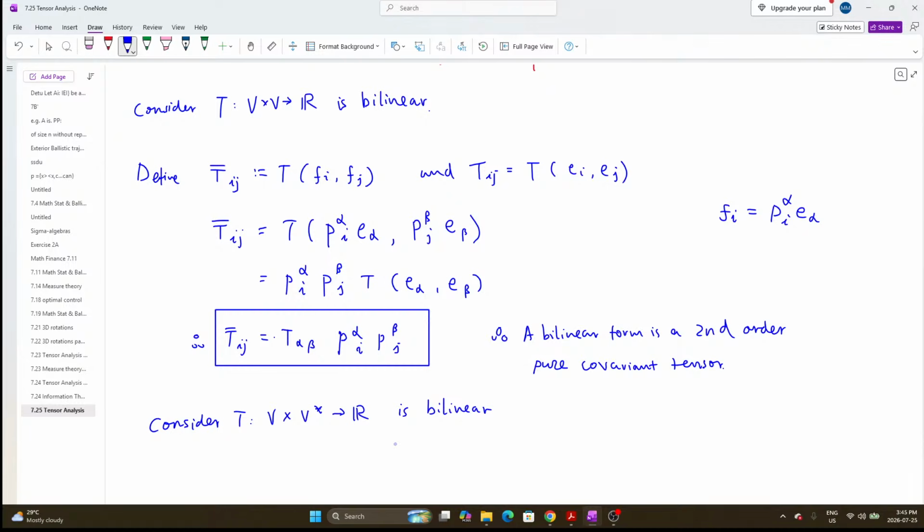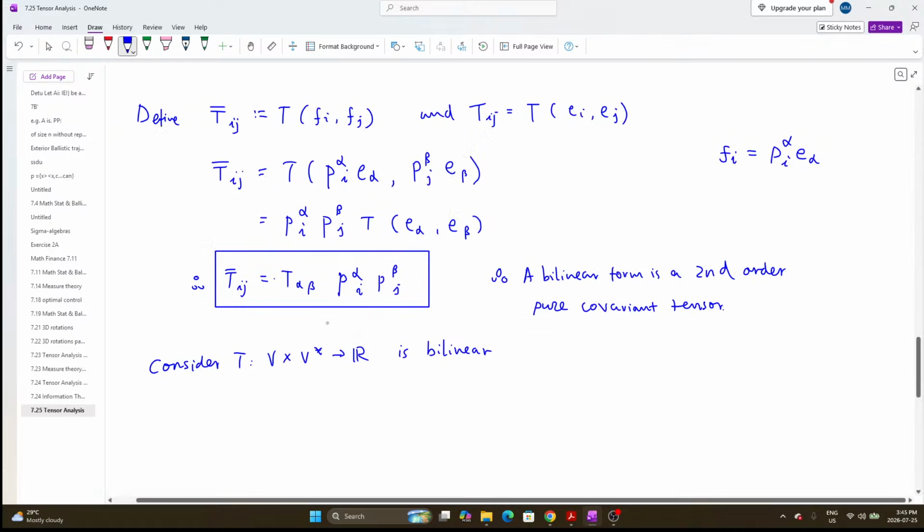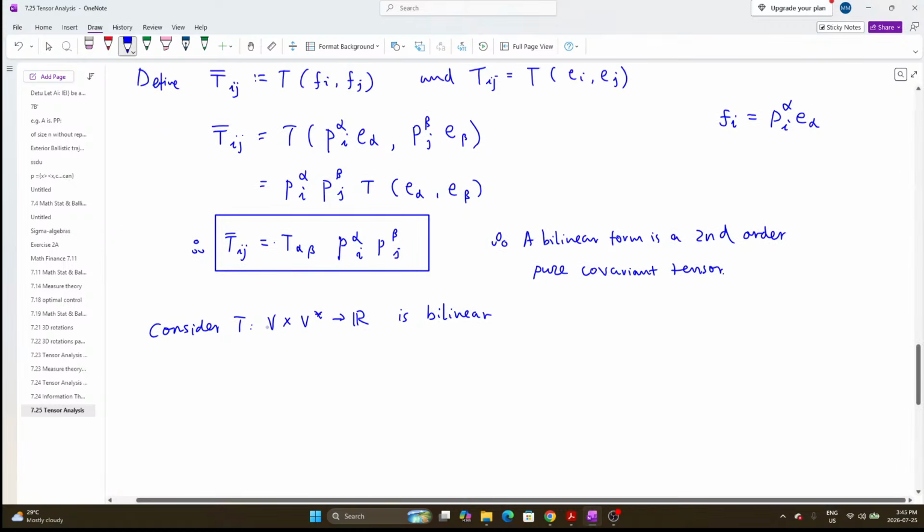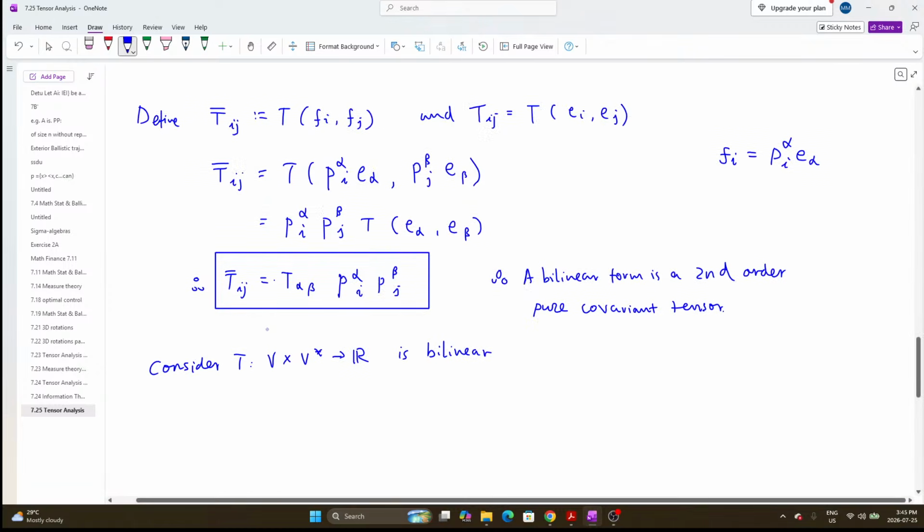So you have the same business. First of all, what should be upstairs, what should be downstairs?